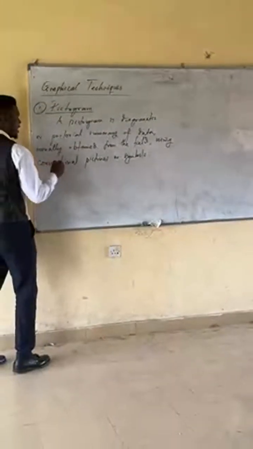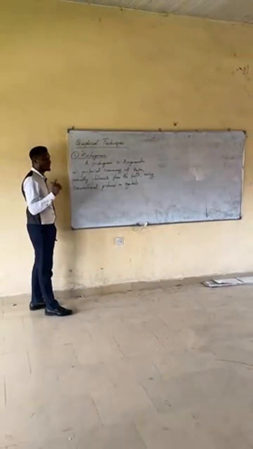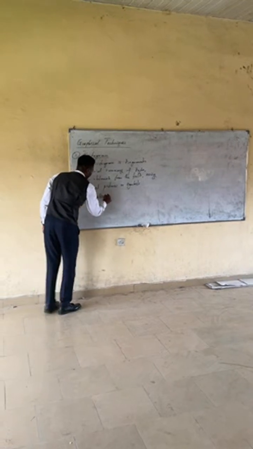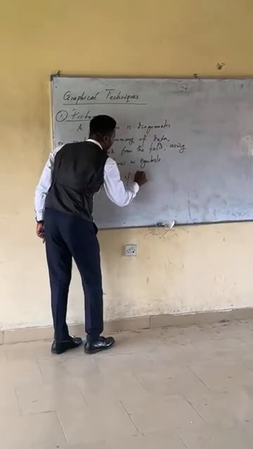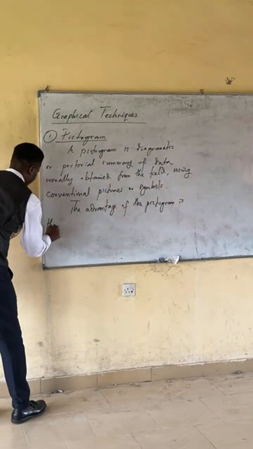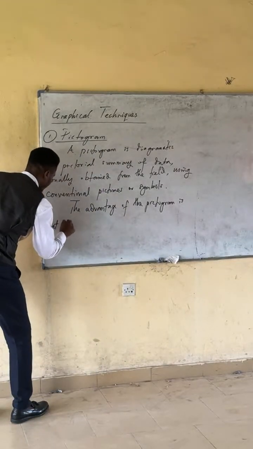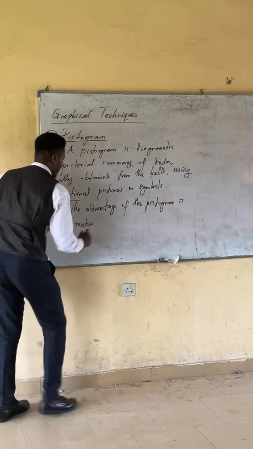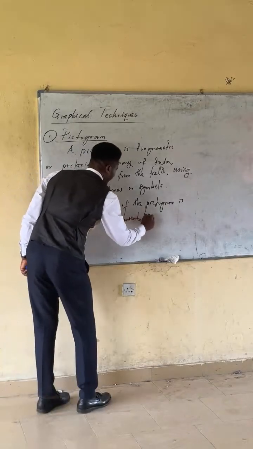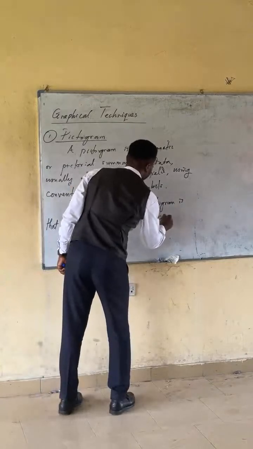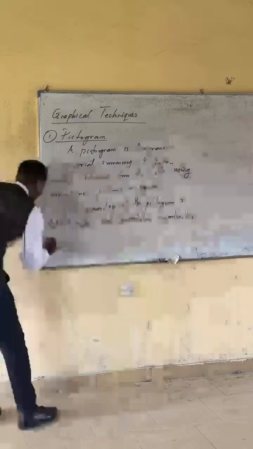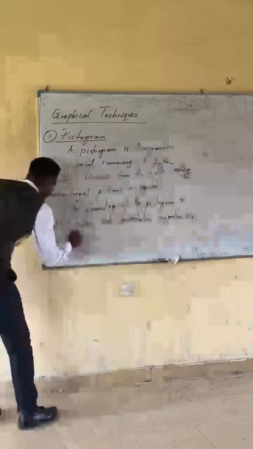Let's go to the next paragraph. In the next paragraph, please, I want to state the advantage of the pictogram. So we are going to write the advantage of the pictogram. The advantage of the pictogram is that it makes data presentation comprehensible and simplistic.